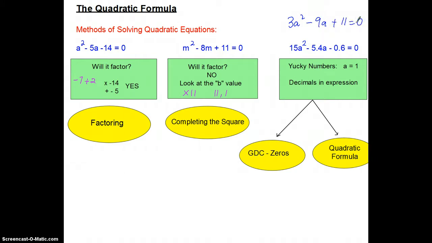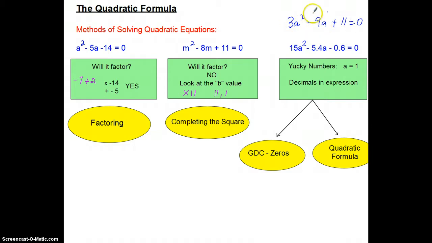Even that, you might have a look at this and say, okay, the numbers are okay, but I've got a is bigger than 1, so even factoring is a little bit more challenging. And even completing the square, because we'd have to go through and divide everything by 3 first. So even the first two methods could be challenging.